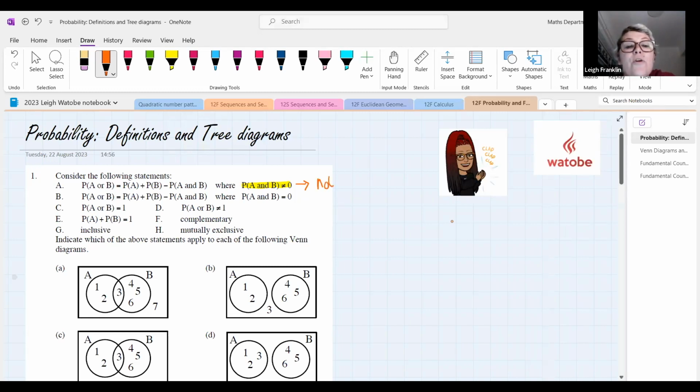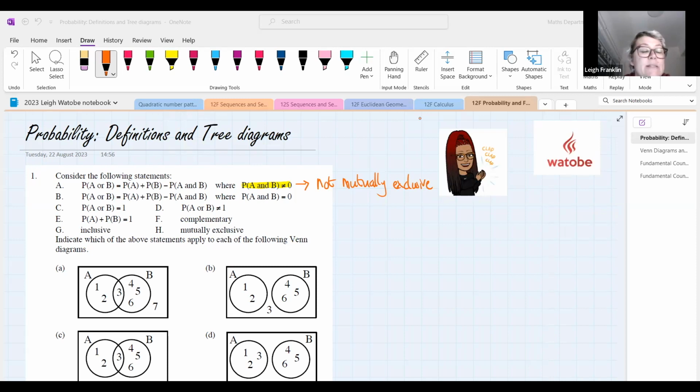So they are not mutually exclusive. Good. Well done. Aha, event A and B may take place at the same time. Lovely, Leetlu. That's a very nice way of putting it. Okay, so A and B can take place at the same time.